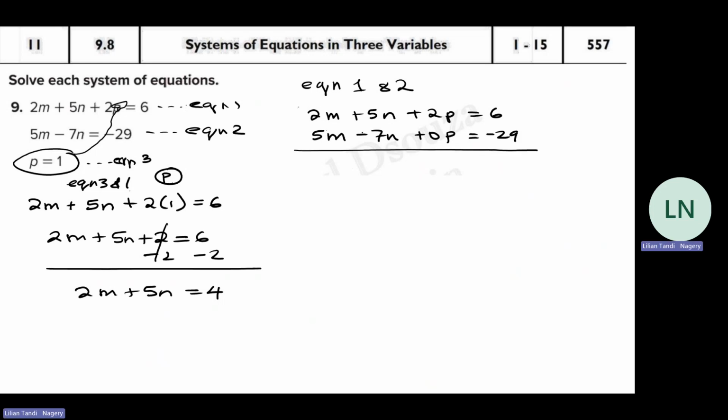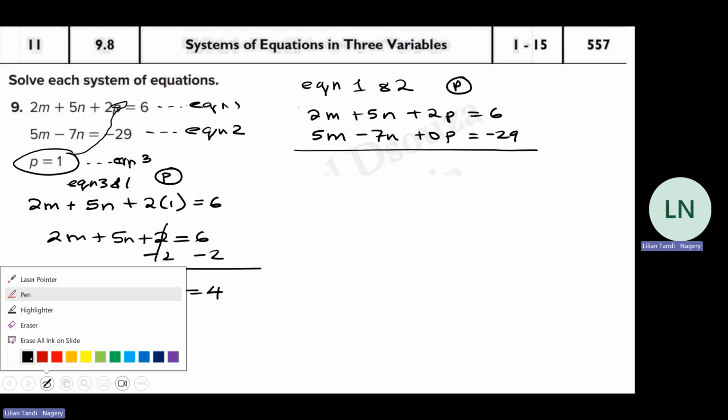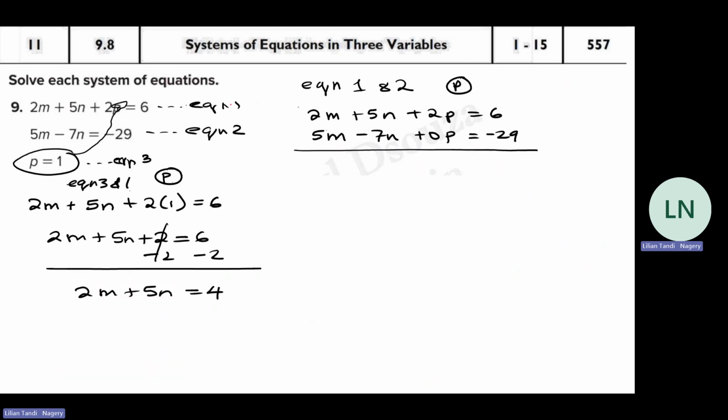I want to eliminate p. See, yes, I was eliminating a different variable. I was supposed to eliminate the same variable. If I eliminate p in equation in the first step, I should eliminate p in the second. So how do I do that? I will multiply this by 0 and I will multiply this by 2.